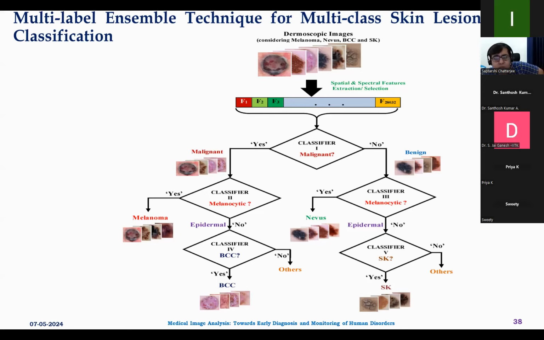Here we have chosen 4 disease classes depending on how severe these diseases are. Malignancy is obviously an important disease class, and obviously the BCC and SK, these two also have some chances to become a malignant lesion. So because of that, we have considered these 4 disease classes.